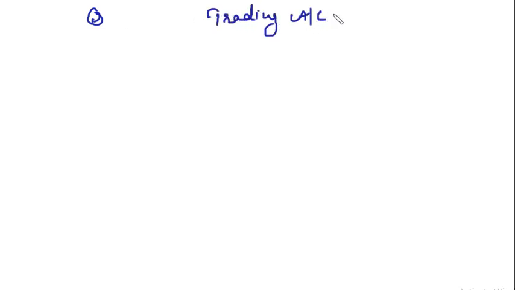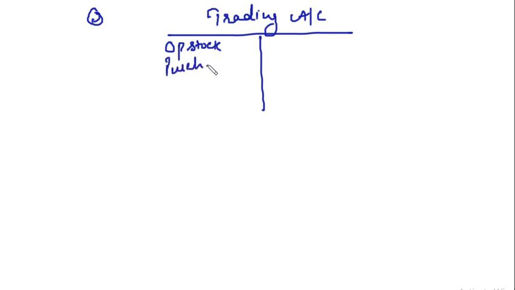You have prepared trading and profit and loss account. What do you take here? Opening stock, right? You take opening stock, you take purchases, you take direct expenses, then you take sales, then you take closing stock.